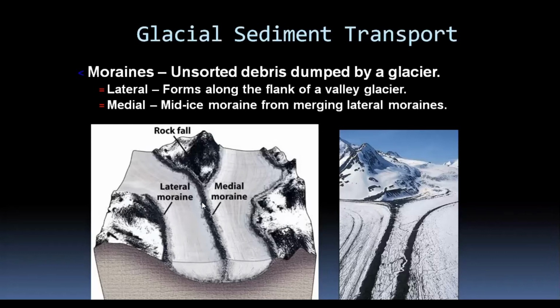Medial moraine is when we have two lateral moraines, like this one was one and this was one, and at the intersection of these two glaciers you have a medial moraine. And lateral moraine is when, at the wall of the valley, the deposition of the glacier during transport, we call it a lateral moraine.